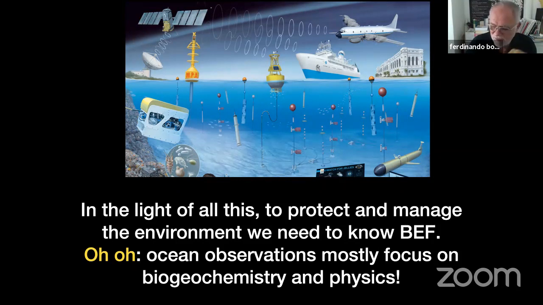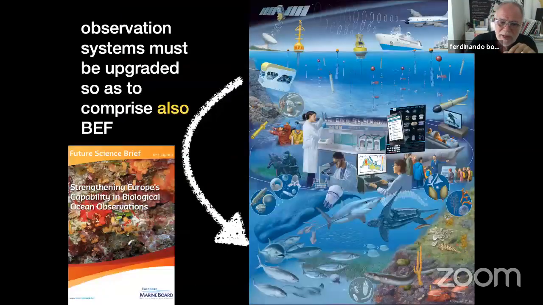It's not enough. So we need to upgrade this approach and take biodiversity and ecosystems into consideration. The acronym is BIF, Biodiversity and Ecosystem Functioning. So our observation systems must be upgraded so as to comprise also biodiversity and ecosystem functioning.